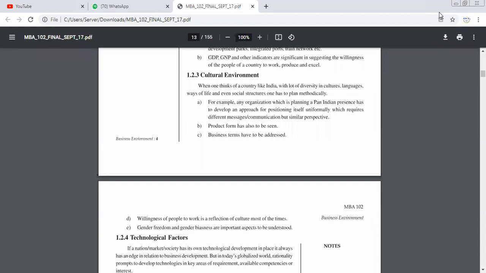Even Maharashtrian people sometimes speak in other languages, for example Hindi or English, because in the work environment where they work, people speak English or Hindi.